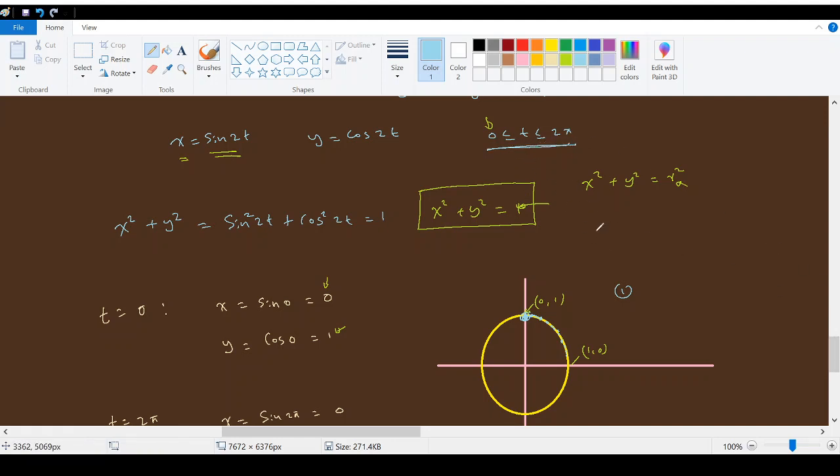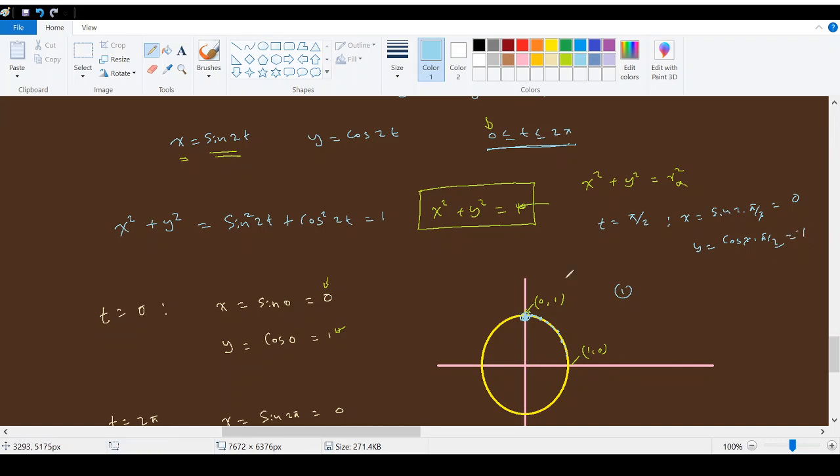So how about a value like t equals pi by 2? Then x will be equal to sine of 2 times pi by 2, and y will be equal to cosine of 2 times pi by 2. So the 2s cancel out, and you can see that x is equal to 0 and y is equal to negative 1.